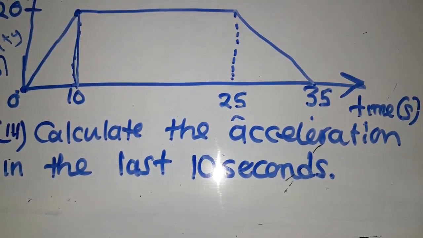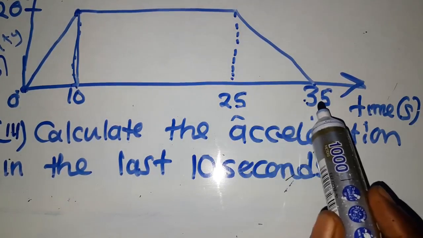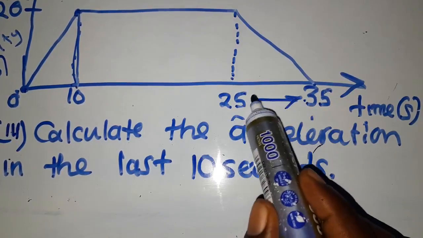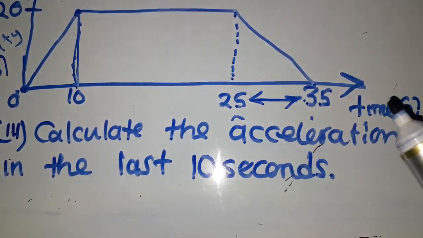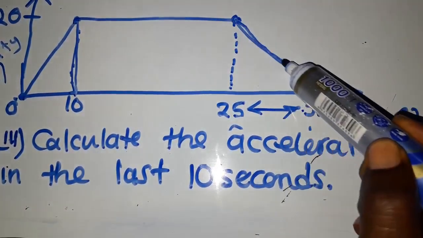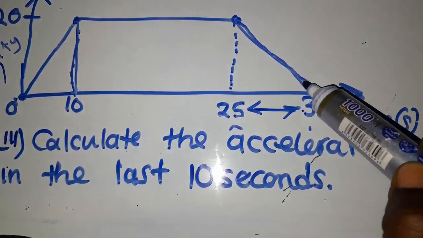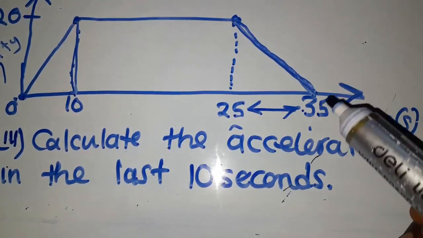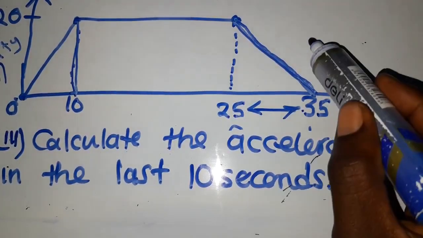So how can you calculate that one? You know that in the last 10 seconds, it is here. 35 minus 25, here we've got 10. So the acceleration that they are talking about is this one, from here to there. So what type of acceleration is in this format? This is called what?